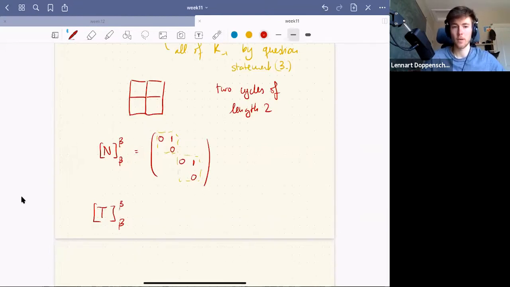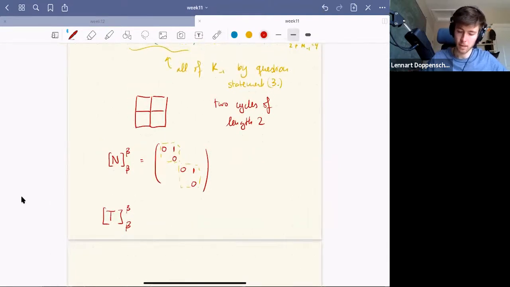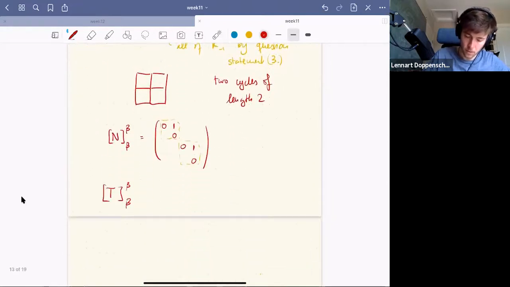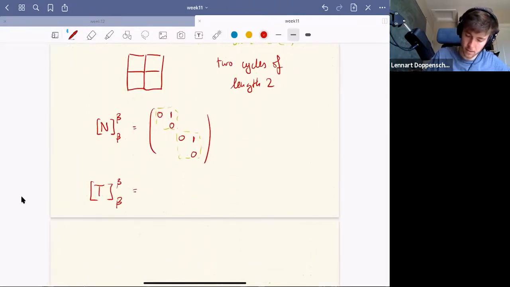But that just means that we will just exchange the zeros on the diagonal for the eigenvalue. And the eigenvalue here, remember, is -1. So that's why the Jordan block that we get for T is the same matrix, just with the diagonal now being the eigenvalues.